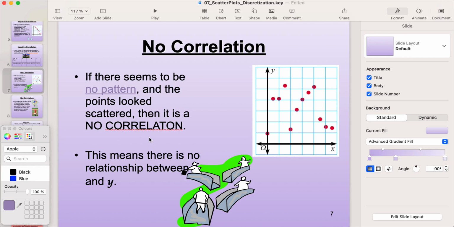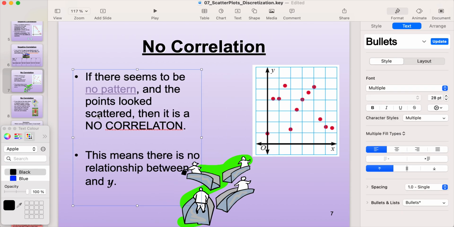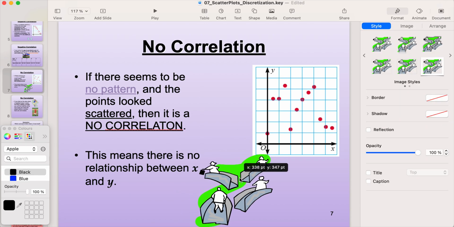The points look scattered and there is no correlation. So there is no relationship between the x and the y.